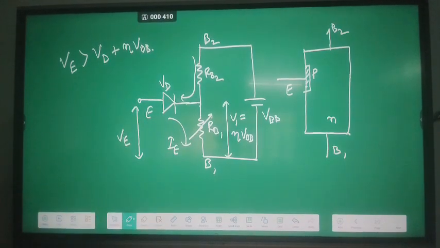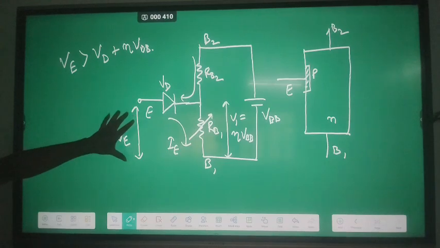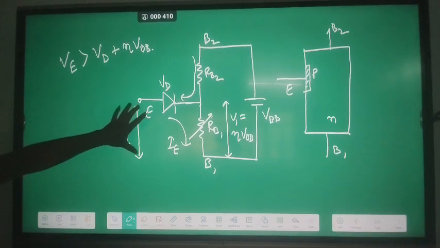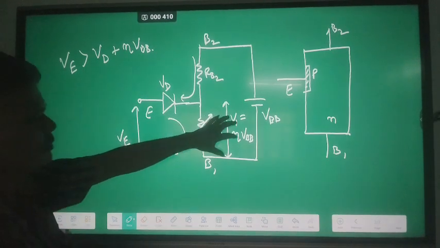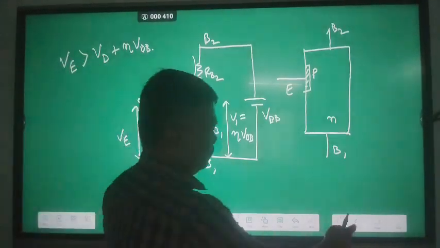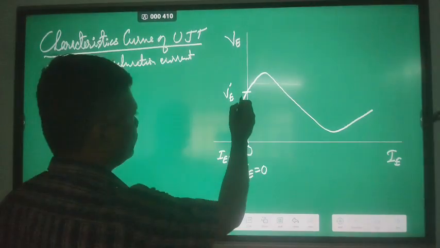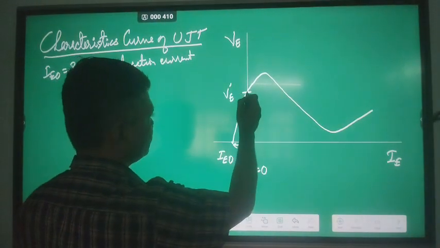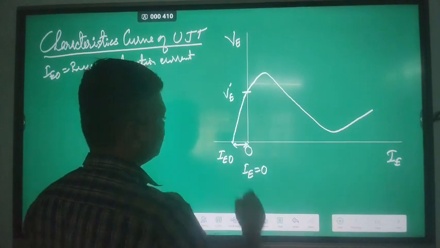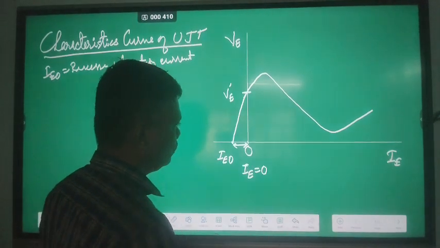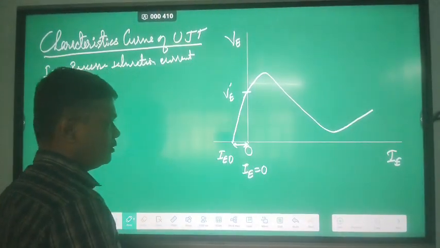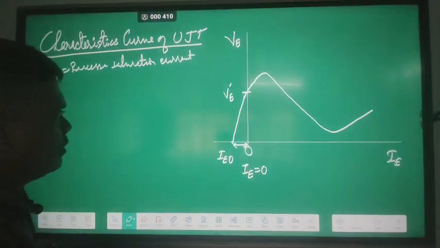That means this diode will become forward biased if the applied voltage VE, the voltage at the emitter junction, is greater than this plus this one. From here, this is the voltage VE dash. At this particular voltage VE dash, the current IE is equal to 0. That means the diode is still reverse biased.